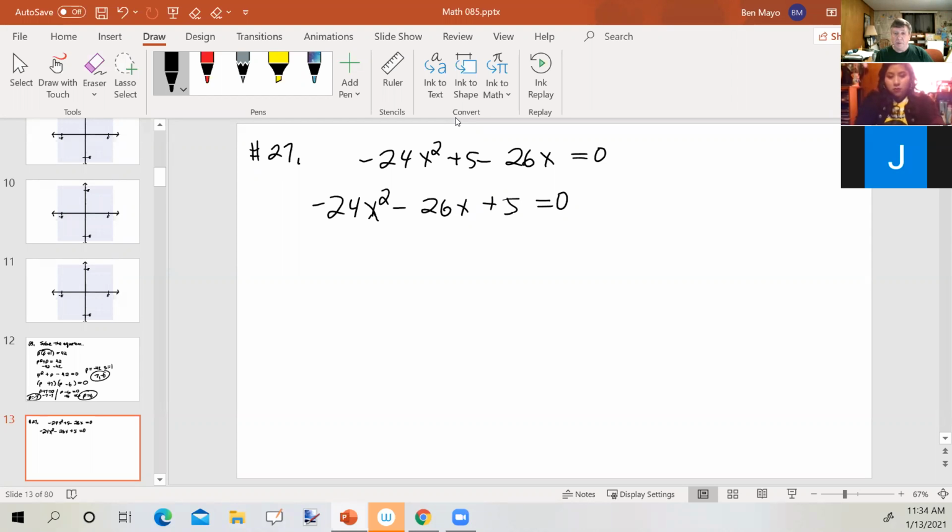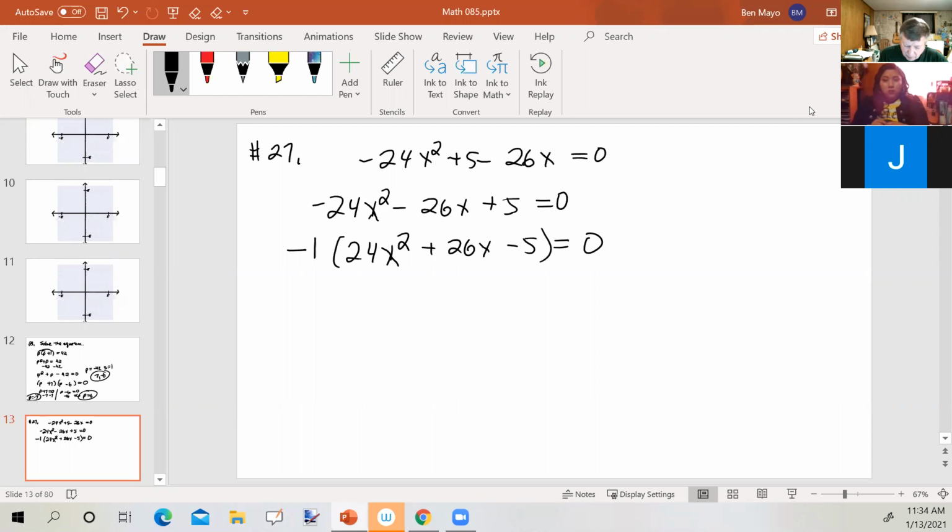Well, I've got a trinomial in descending powers. It doesn't have a leading coefficient of 1. It's not a perfect square, but I think I'm going to take out a negative 1 factor. So negative 1 times 24x squared plus 26x minus 5 equals 0. So now I've got a trinomial with a leading coefficient that's pretty huge.